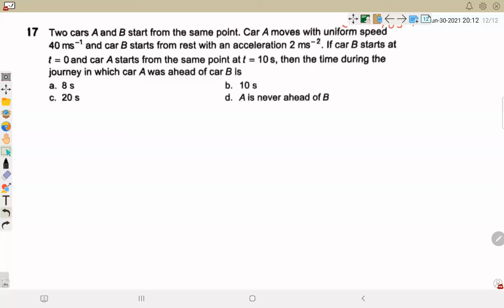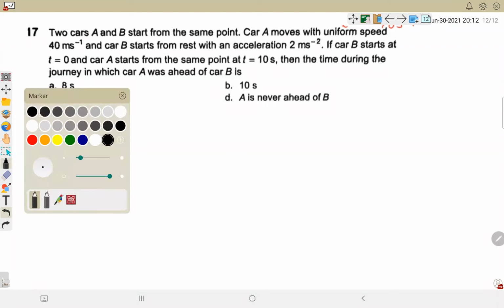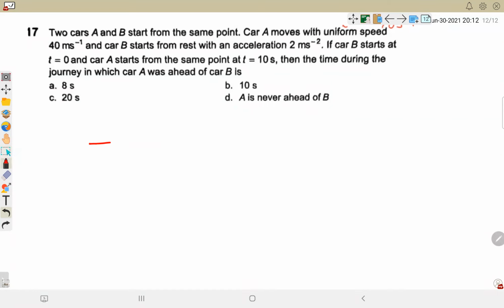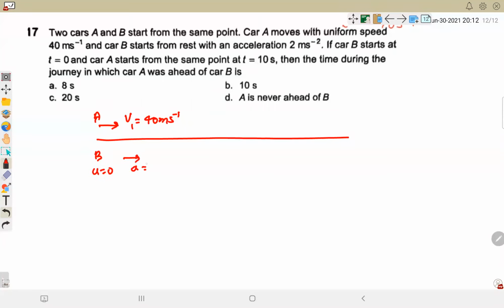You see, these two cars start from the same point, but not at the same time. Car A moves with uniform speed, so car A is moving with a constant speed, and that is 40 meter per second. Car B starts from rest, but it has an acceleration of 2 meter per second square.